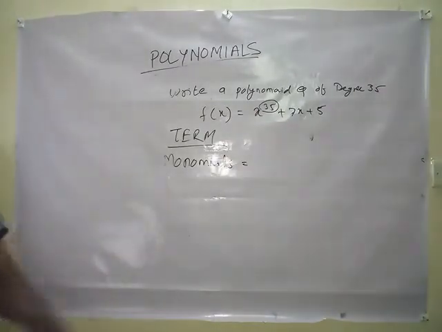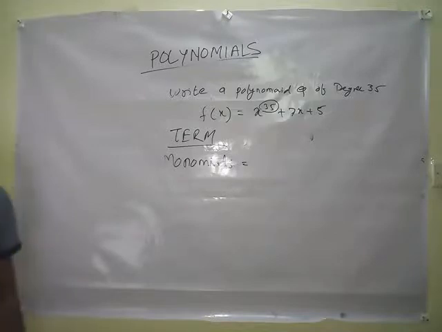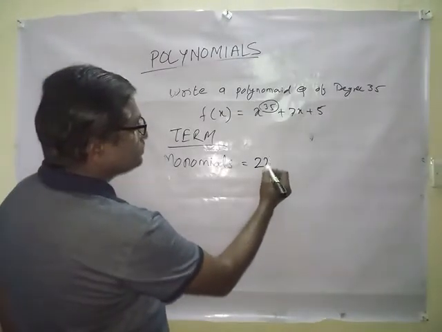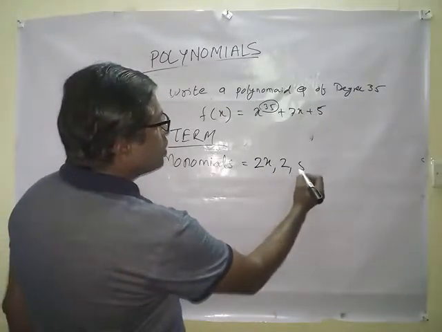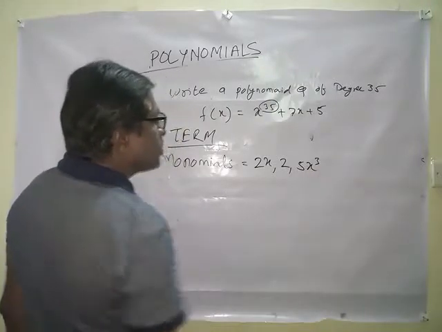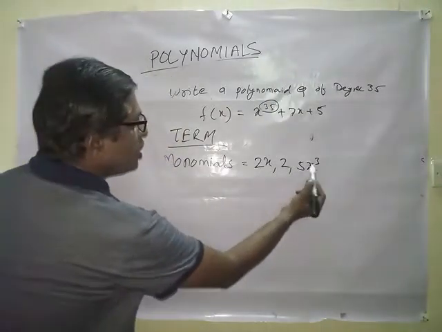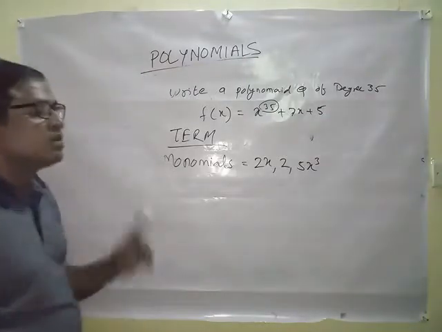I'll give you some examples of the monomial here, like 2x, 5x raised to power 3, because all these polynomial equations have term 1.